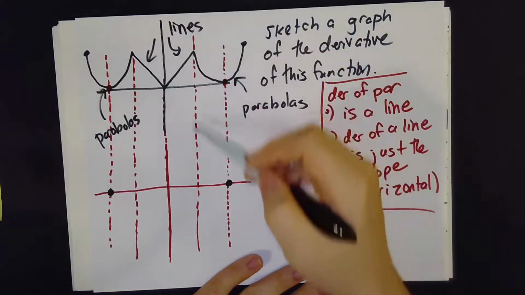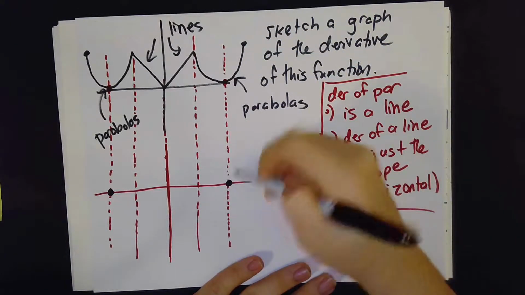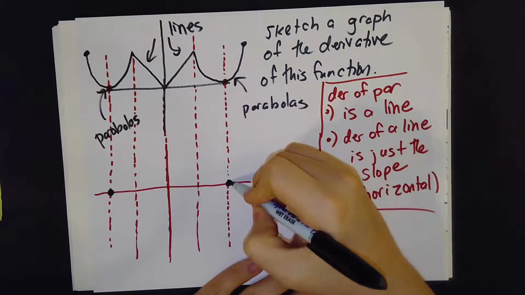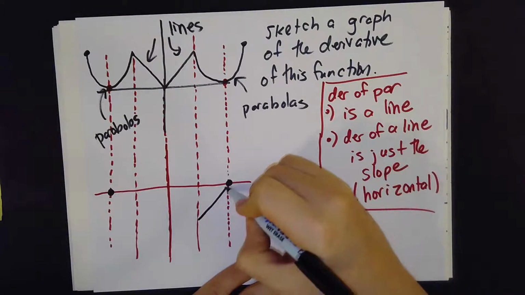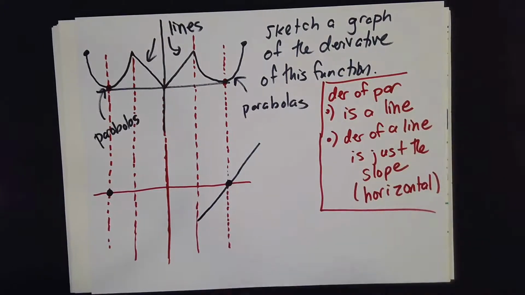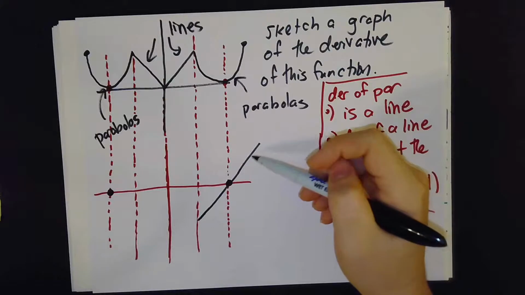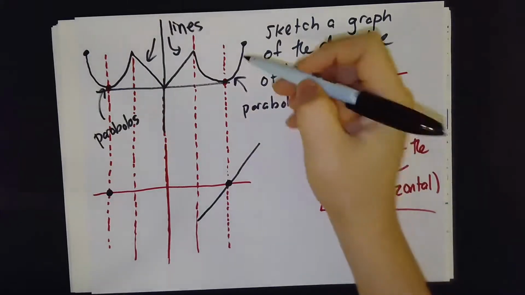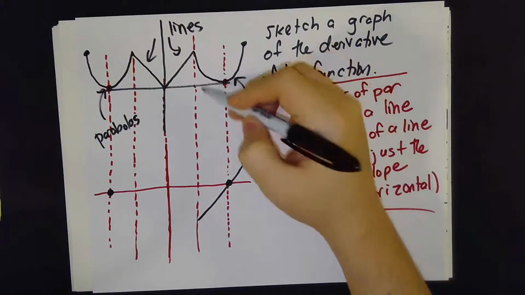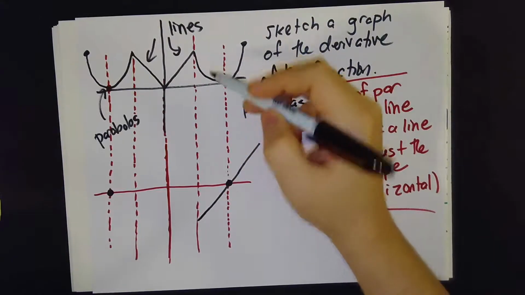So if I look just at this piece, the derivative has to look something like this. Okay. Straight line, positive slope. And it's a positive slope because on this side the derivative has to be positive, on this side it has to be negative.